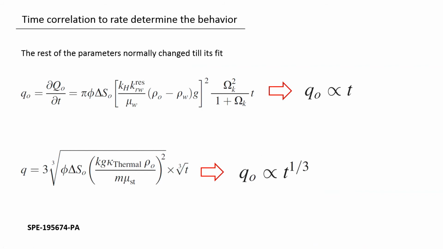Another important difference between these two is that one is correlated to T, the one we provide, and the Butler is correlated to T to the power of 1/3. And as you see in the field data, you always see that the rate is linearly dependent on time in the ramp up stage. It never follows any other type of correlation by time.